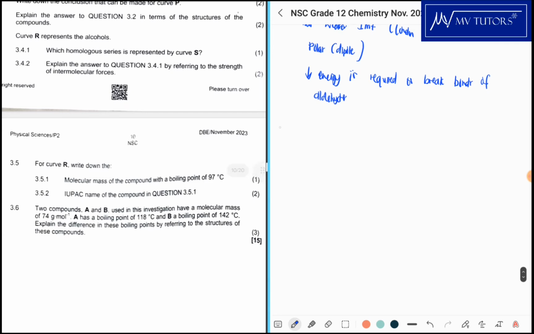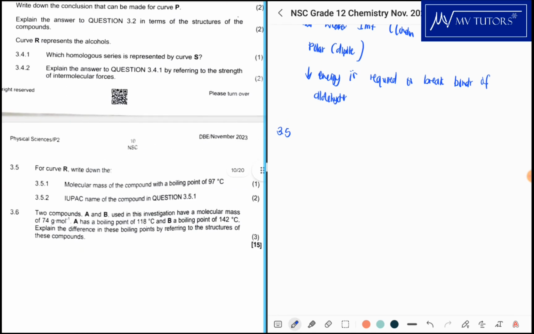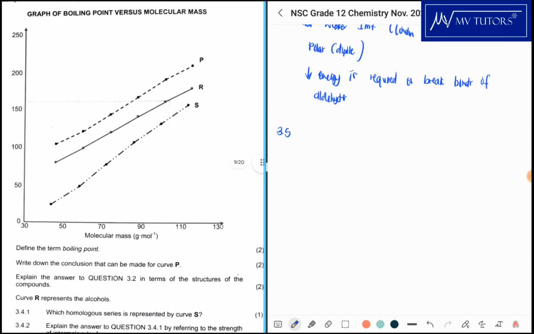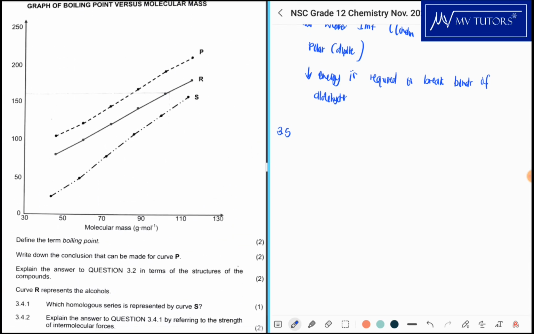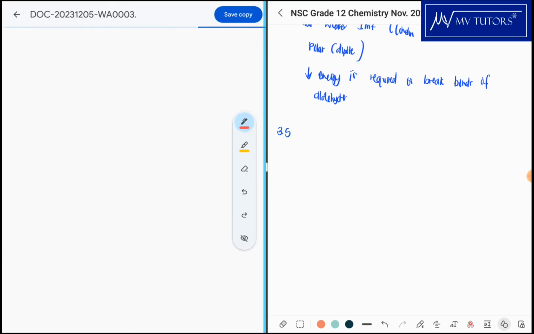Then you get 3.5. So it says now for curve R, remember curve R, that's the alcohol. Write down the molecular mass of the compound with a boiling point of 97 degrees. All right, so let's just see. 97, so we have 100 over, I need to make a mark on this sheet.